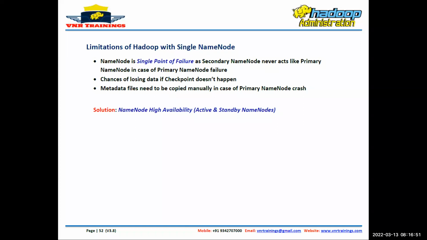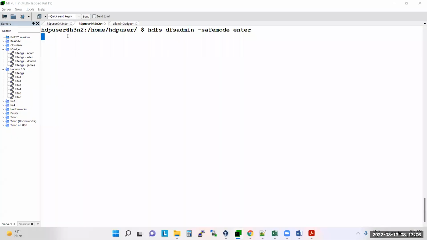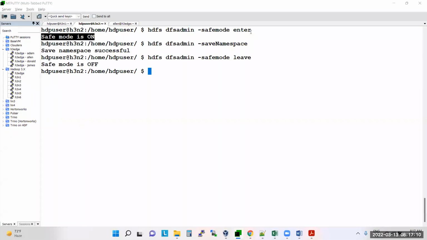So let's say if you want to make a manual checkpoint from the secondary node, is it possible? It is possible, sir, but you can run the manual checkpoint command from anywhere. At the end of the day, safe mode is on for which machine? Only for the name node. Any command you run from anywhere will start from the name node, right?